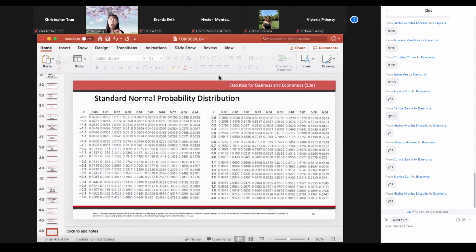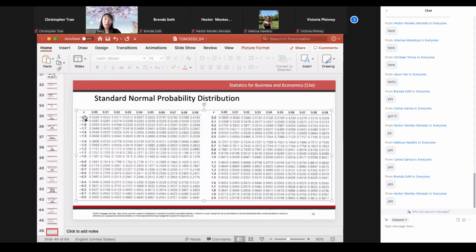So when you look at your standard normal probability distribution table, you only got 2 dimensions, right? The row and the column. You don't get anything else. Usually, the row will range from negative 2.0 to positive 2.0 with 0.1 increment.